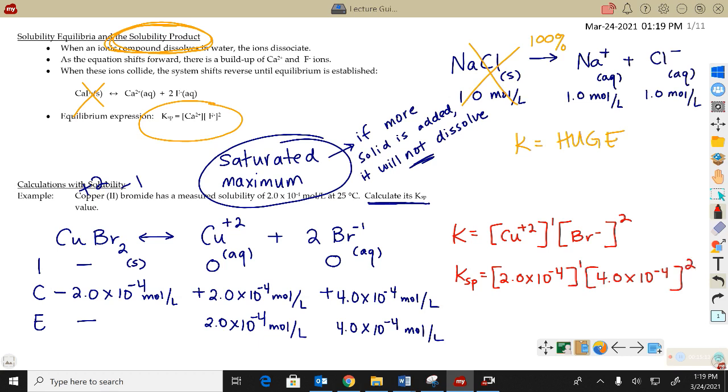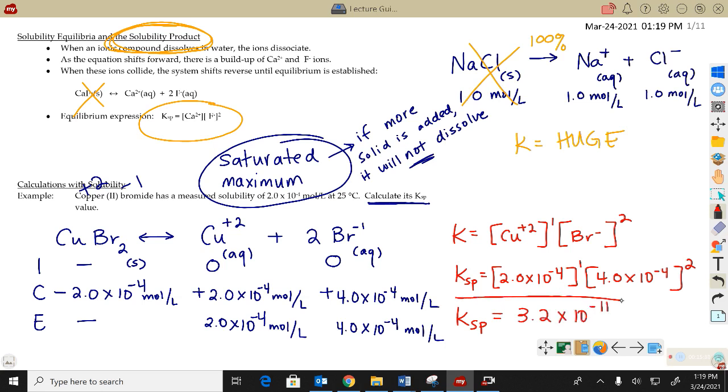And that one I'm going to have to square. So sometimes people will forget to square it because they're like, well, I already doubled it in my ice table. But you still have to square it in your equilibrium expression. Now you just plug this all in and out comes your constant. KSP is about 3.2 times 10 to the negative 11th.